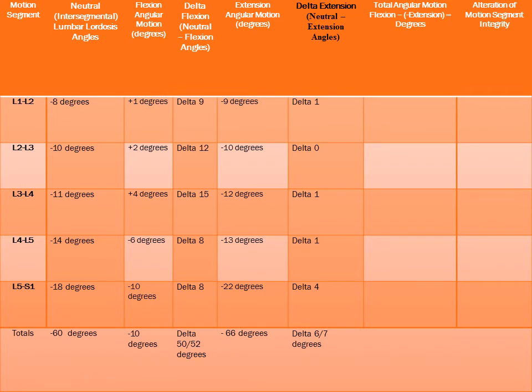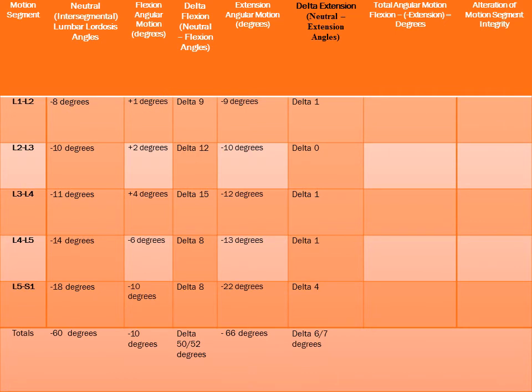So it's basically fixed or immobile in extension. At L3, L4, only 1 degree of motion. At L4, L5, only 1 degree of motion. At L5, S1, only 4 degrees of motion.